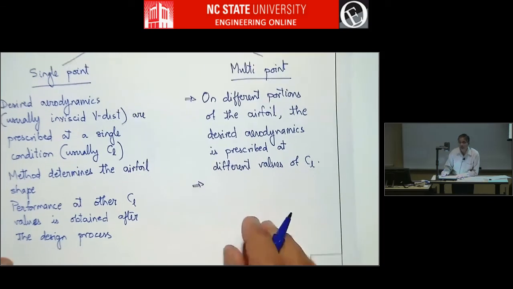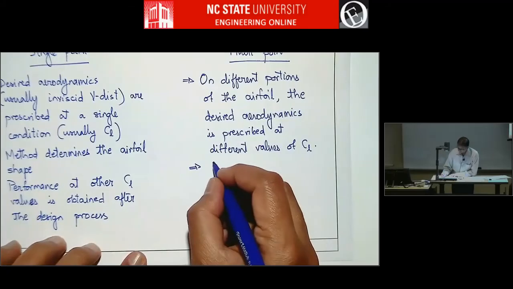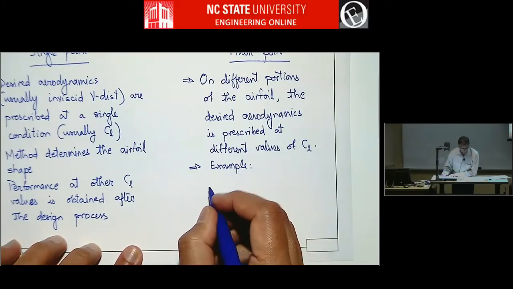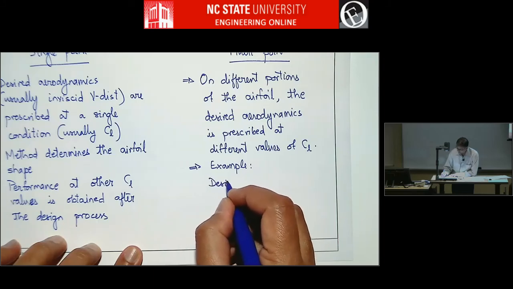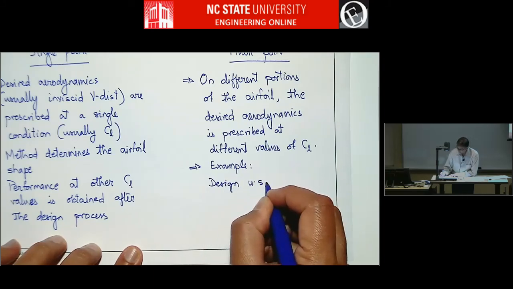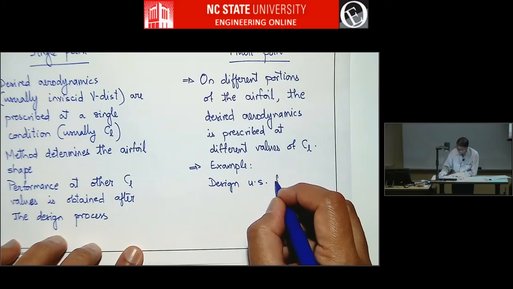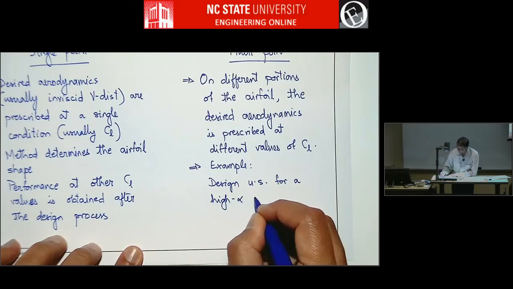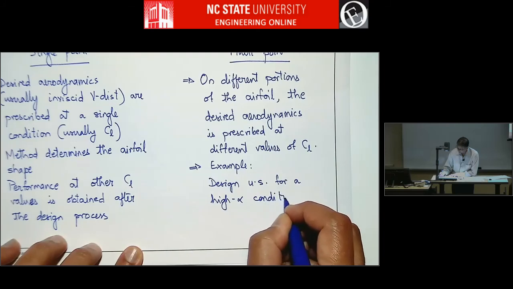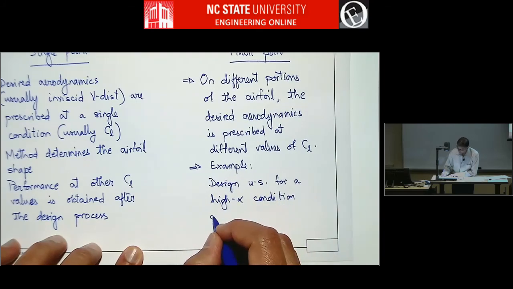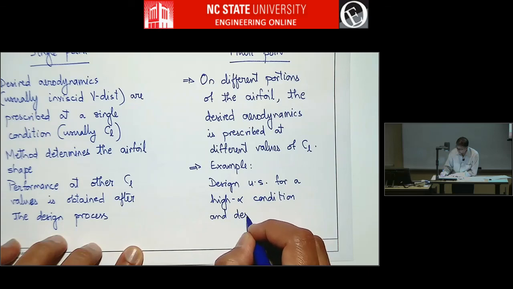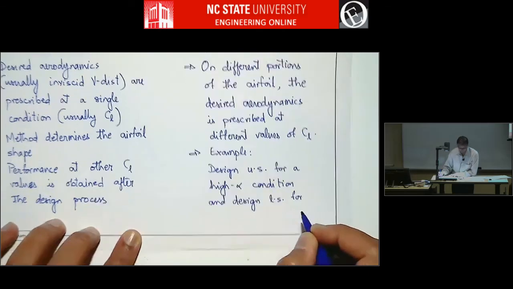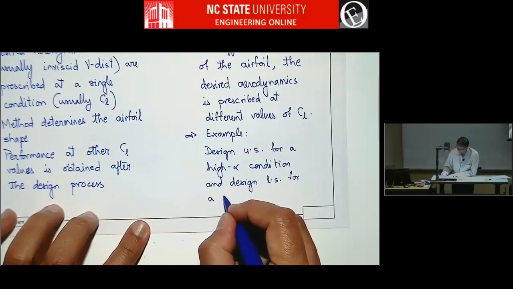So for example, you might design the upper surface for a high alpha condition, and you might design the lower surface for a low angle of attack condition.